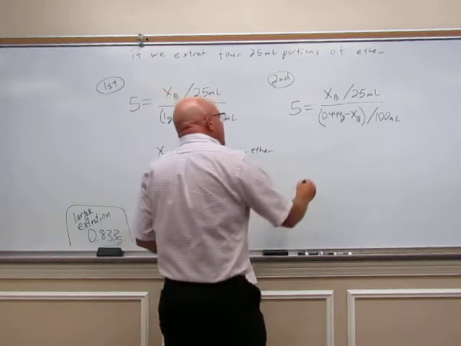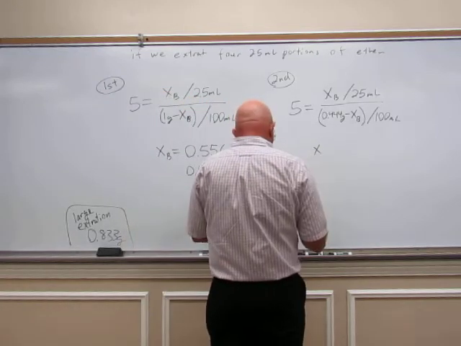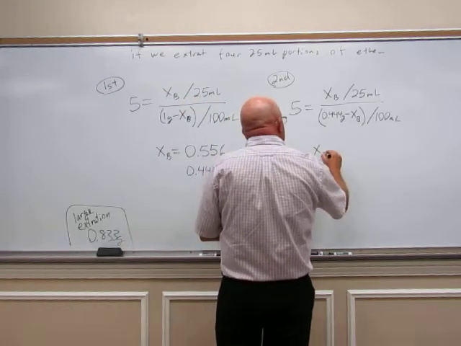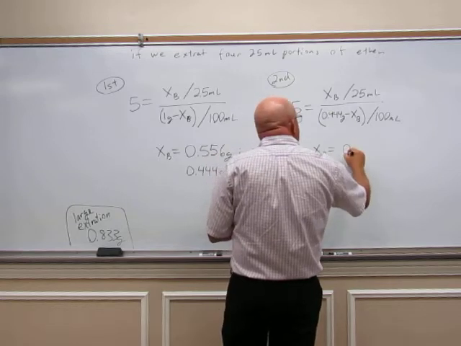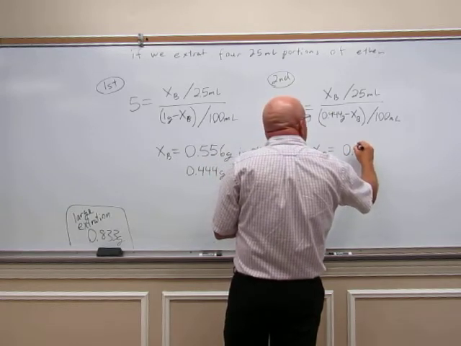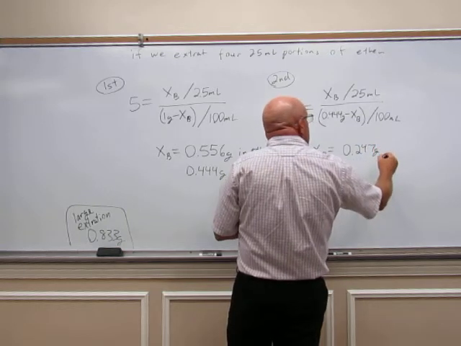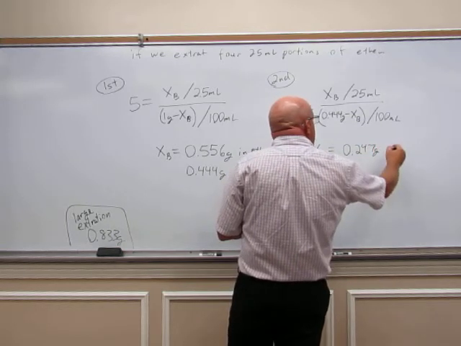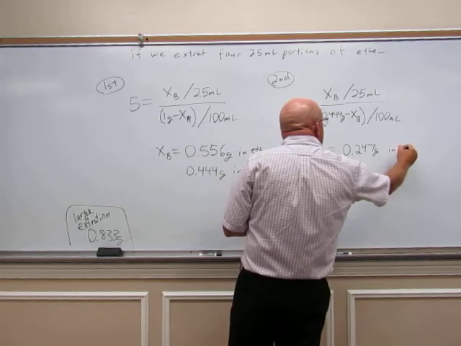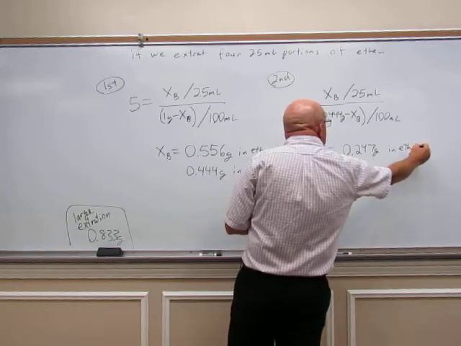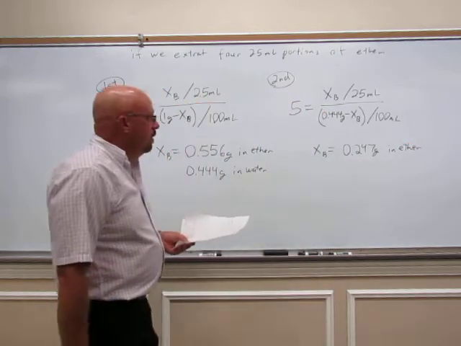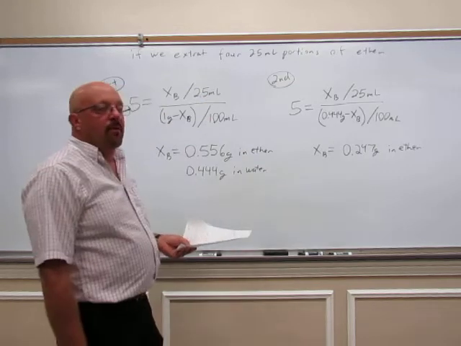Now, if we go through and solve for X, our second extraction takes out another 0.247 grams of compound B that is in the ether layer. The rest of it would be in the water layer.